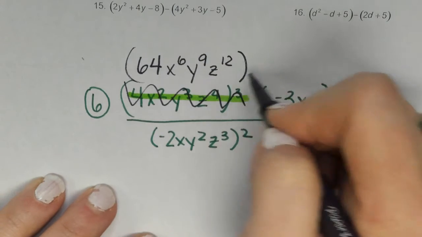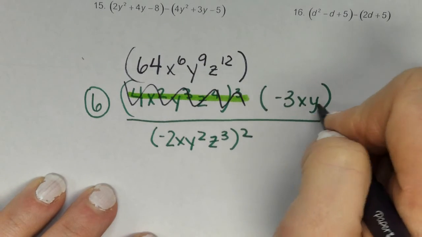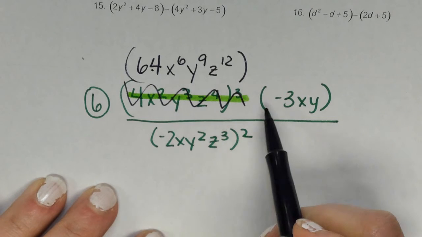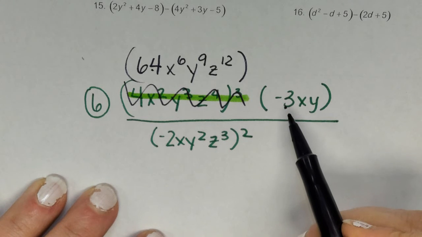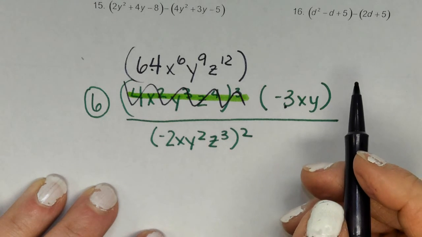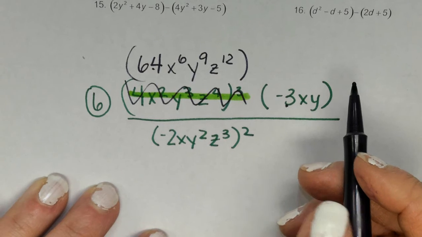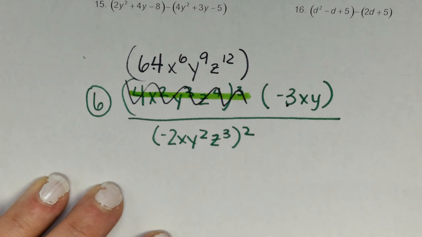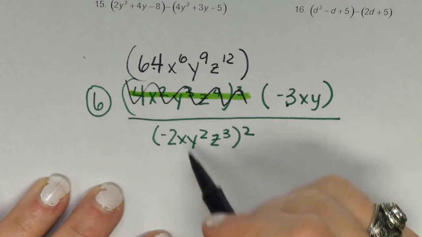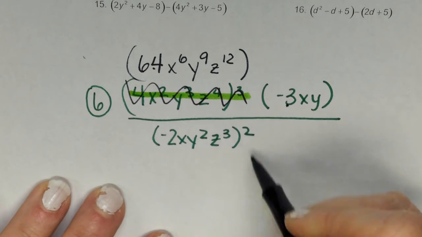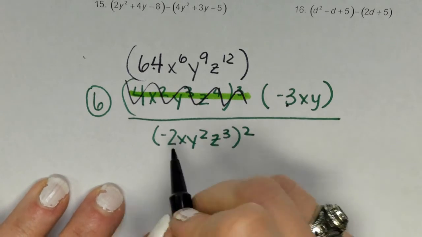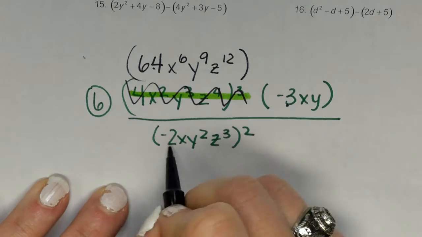We're going to multiply that times this negative 3xy. So we're going to say 64 times negative 3. You know what, though, first let's clean up the bottom first. Let's clean up all the stuff that's power to power first. Let's not do that yet. Okay, let's do the bottom.